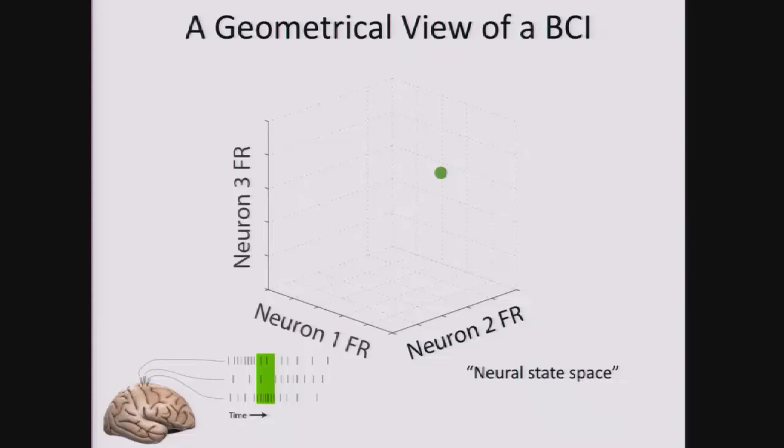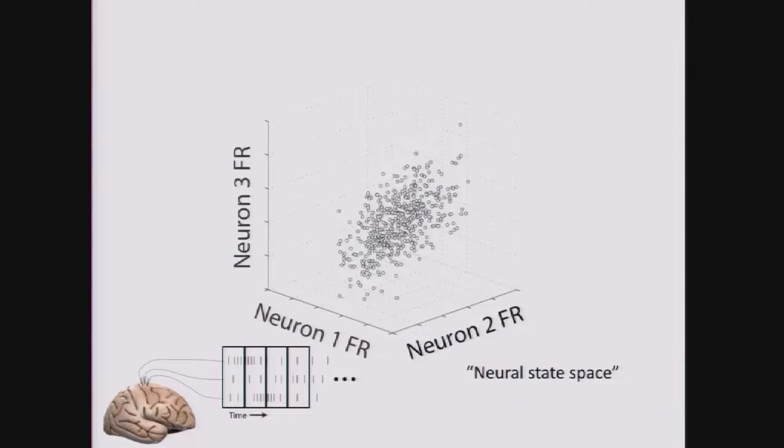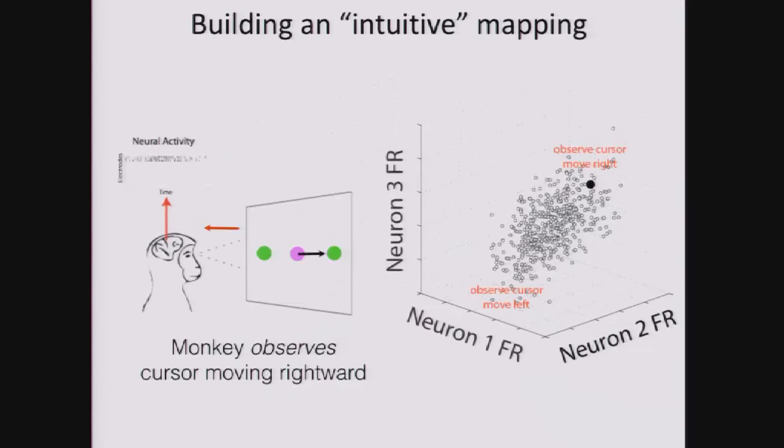Now, what happens if you calibrate a decoder? We take a highly skilled BCI monkey. All we need to do is drift the cursor to the right or to the left. I don't know if he's attempting movements or if he's not actually moving. We know that, but he may still be attempting movements. It may be motor mirror neuron type effects. We're not really sure what's going on, but we know that neurons fire in a very consistent way as the cursor moves to the right and fire in a very different way as the cursor moves to the left.